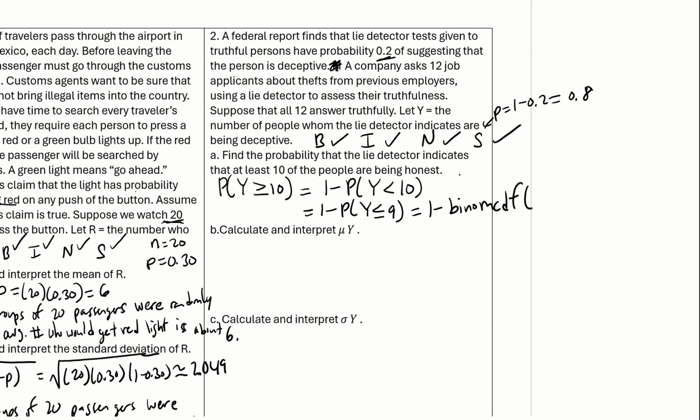CDF can only work for less than or equal to. So n, we have 12 trials, probability of success is 0.8, and then x is 9. When we calculate that, we get 0.5583. So if I do 1 minus, I get 0.5583.